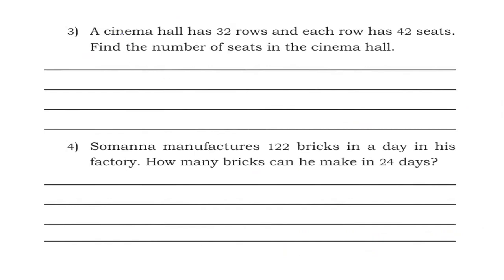Third one: a cinema hall has 32 rows and each row has 42 seats. Find the number of seats in the cinema hall.